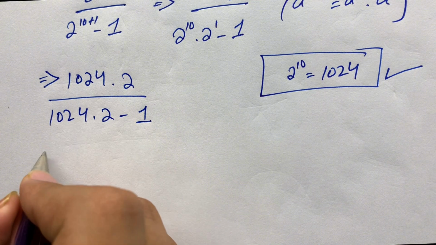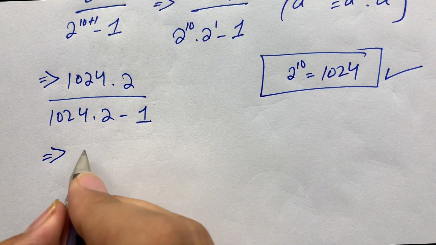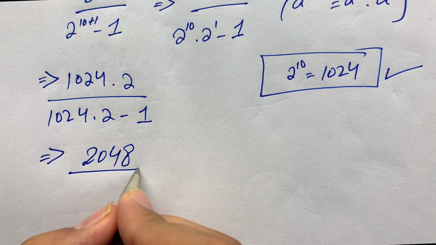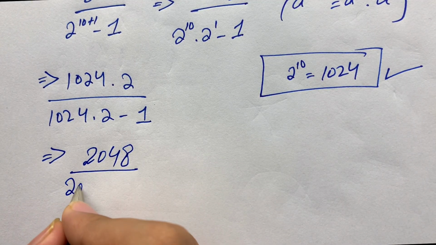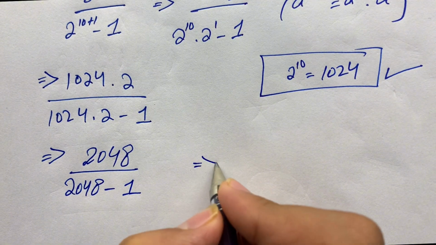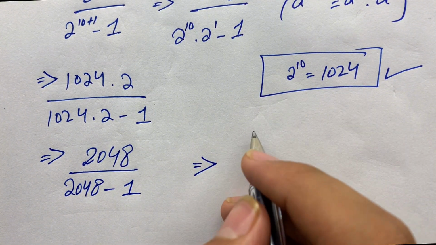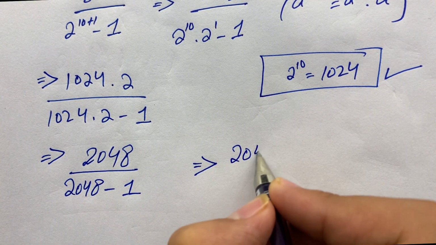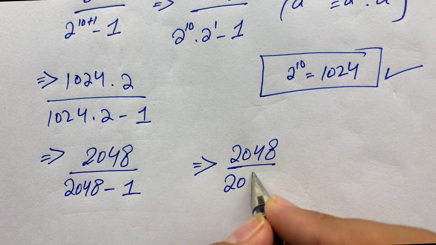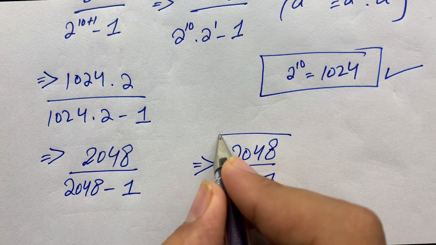So 1024 times 2 is equal to 2048, and 2048 minus 1, and this will be 2048 divided by 2047.